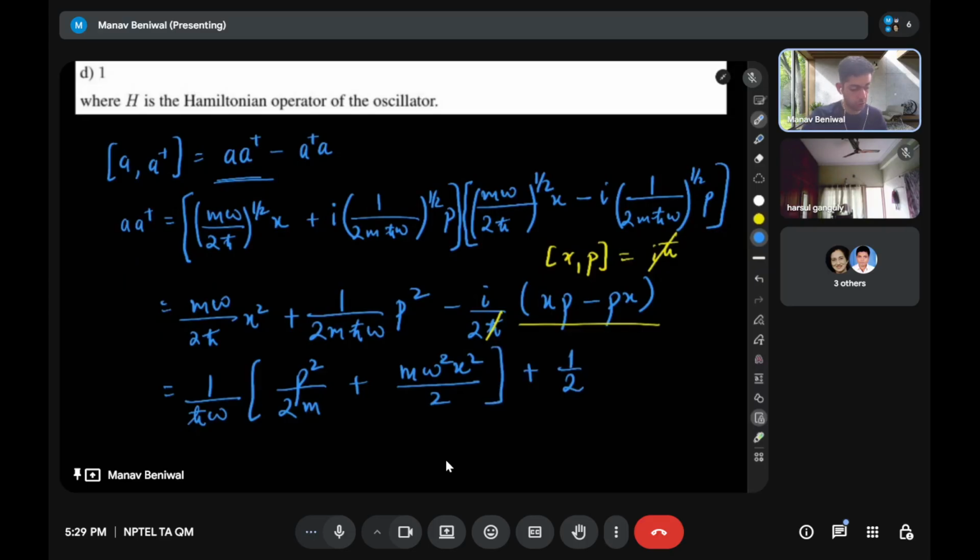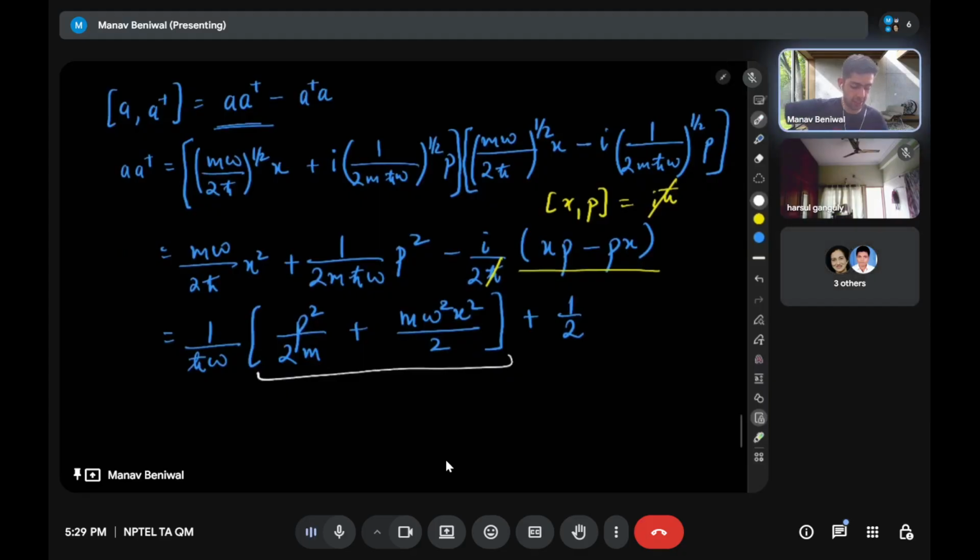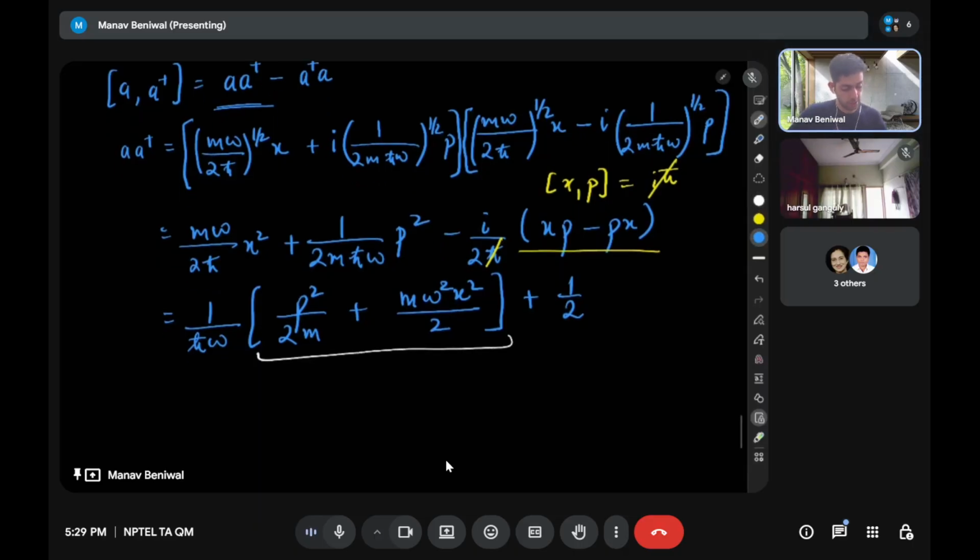Now what is this thing? This is the Hamiltonian: this is the kinetic energy, this is the potential energy. So what we have is the Hamiltonian divided by h cut omega, plus half.